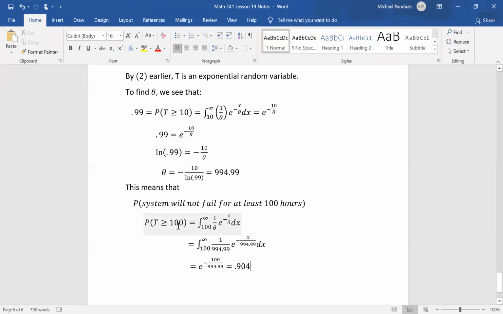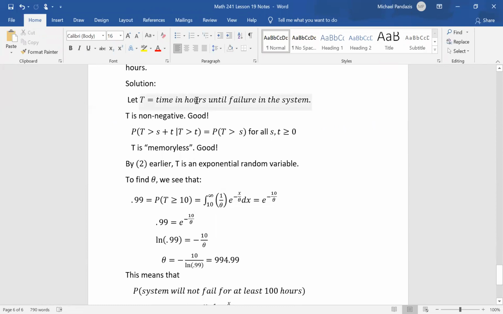So what we had to do first was recognize that our T we defined, the wait time in hours till failure, was an exponential random variable by 2, right? This is a non-negative random variable, which is memoryless. And so since T is non-negative and memoryless, 2 concludes that T is an exponential random variable. And what it means for T to be an exponential random variable is that its PDF is of this form.